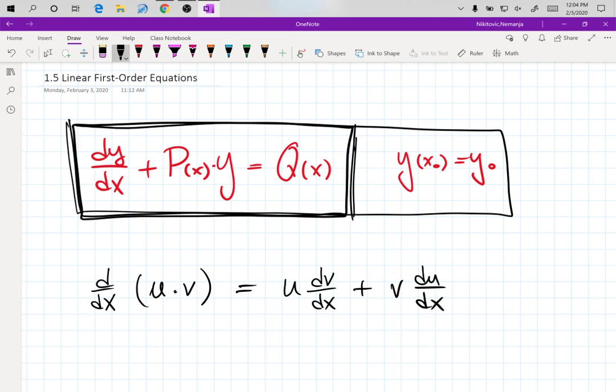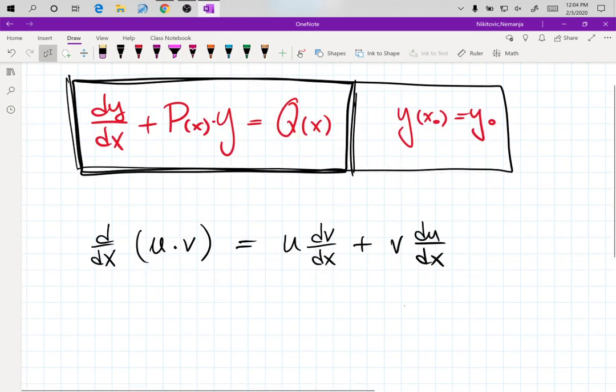We use that mu of x to complete the product rule, and that is how the mu of x integrating factor solves the problem. Now that would be the long way of doing this. The short way is to memorize the formula that gives you that mu of x and just plow through the calculation. All right?